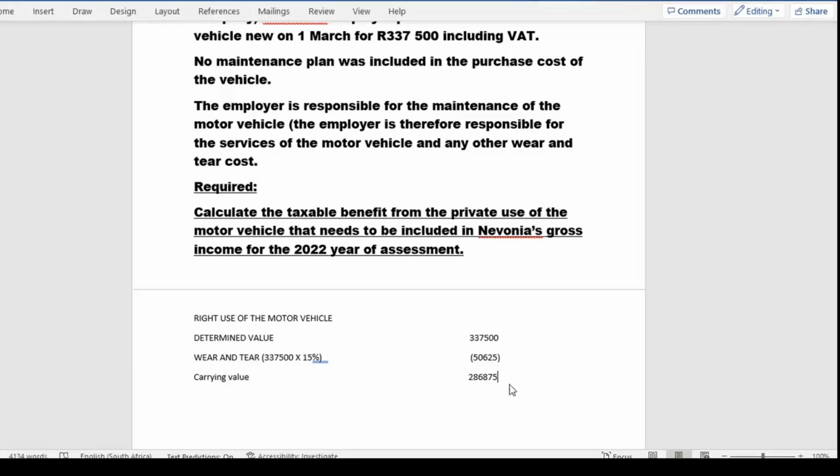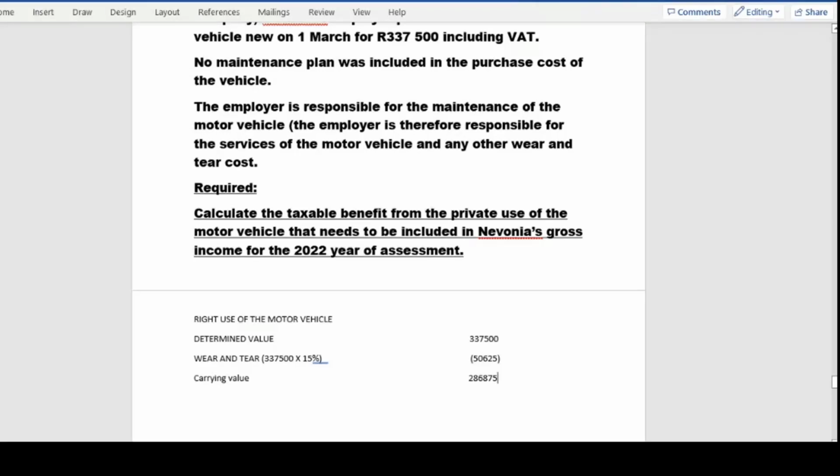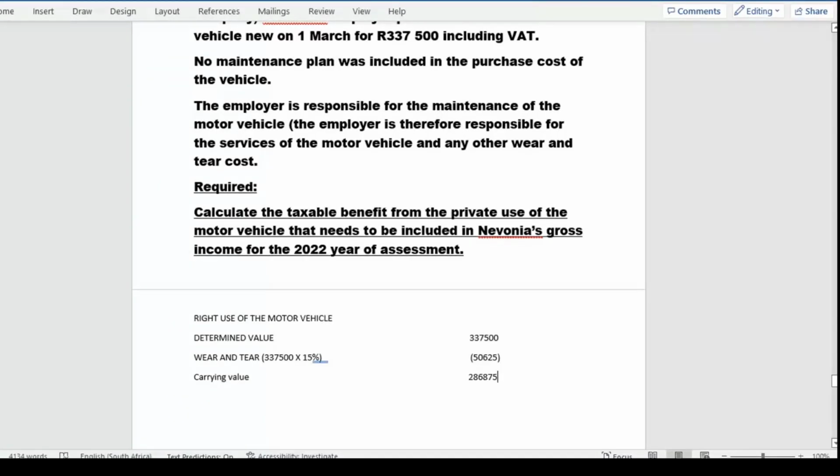Can I proceed? You may proceed. So you're going to say reduced by 3.25%. So 286,875 multiplied by 3.25%.